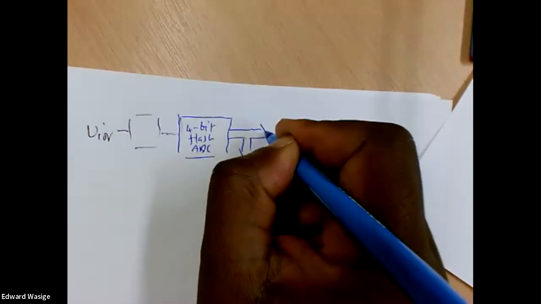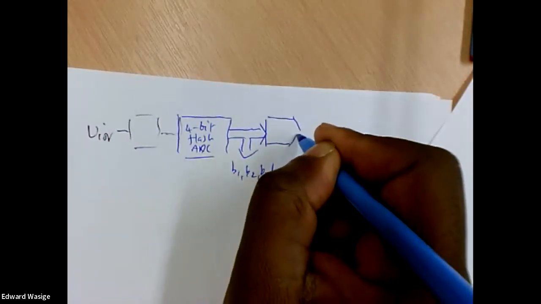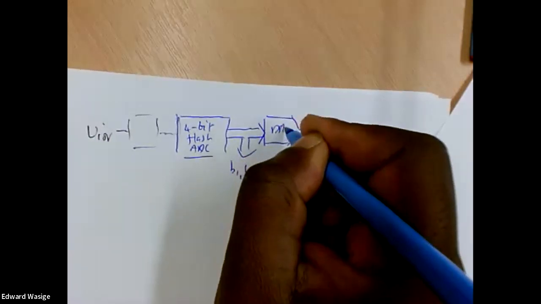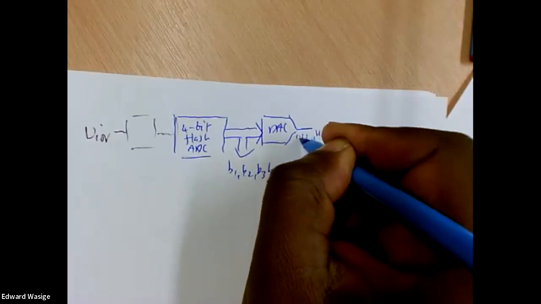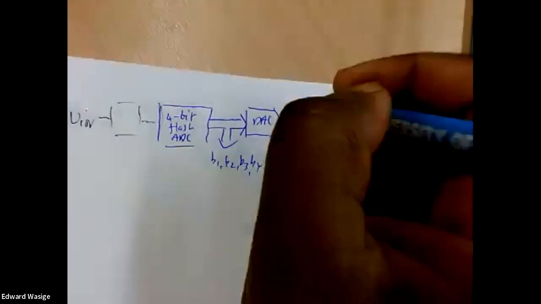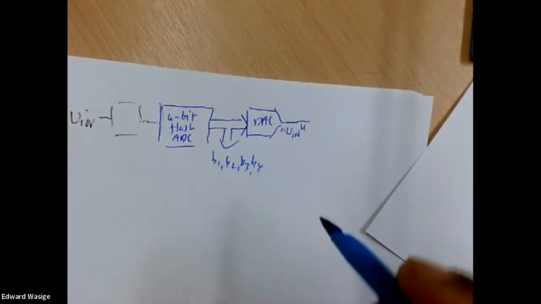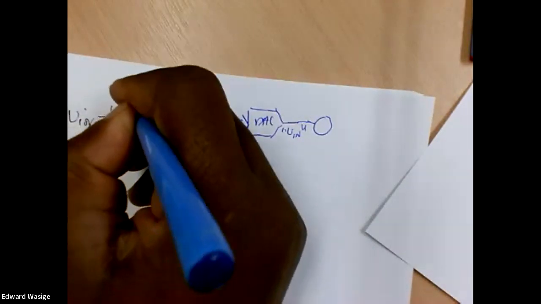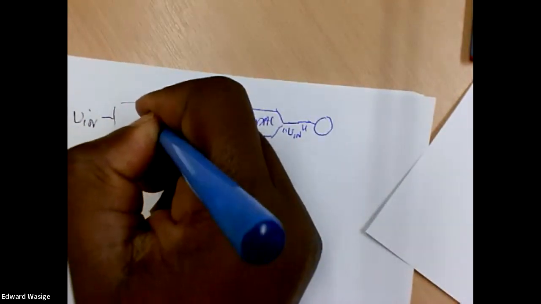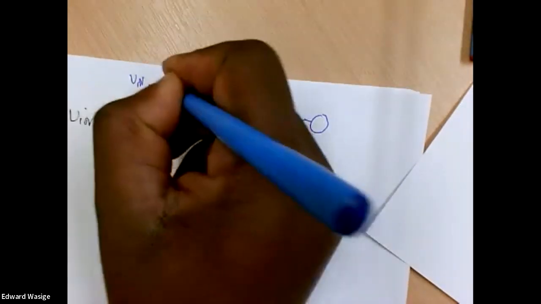And these bits, I can input into a DAC, and I'll get the approximate Vin, the Vin that corresponds to the first 4 bits. At this point, I can get my input voltage. So this is my Vin.